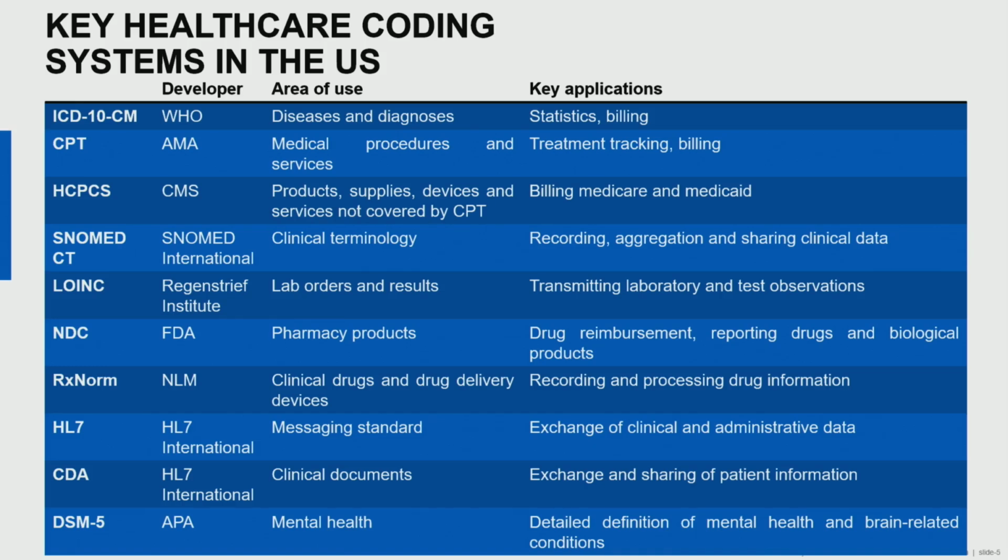For example, RxNorm is for drugs and drug delivery, and nothing else could be coded in this system. Some codes exist for very specific purposes, like psychiatry and mental health, which have a separate type of coding system.